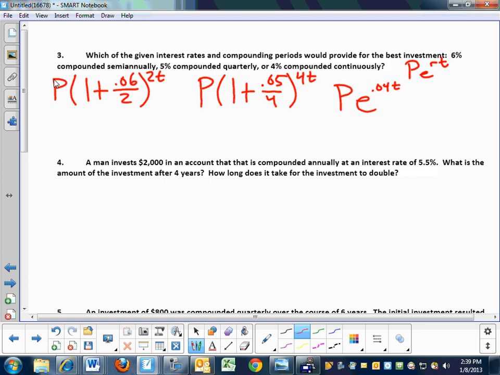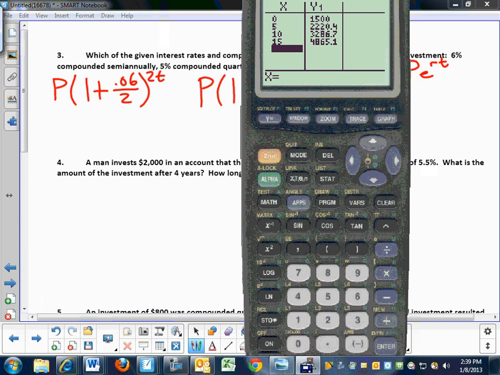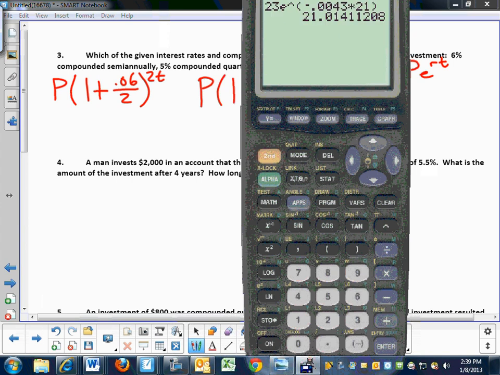All right. So, by looking at this, can you tell which one's better? No. Let's try to change this a little bit. If I take 1.03, because that's what this is, right?